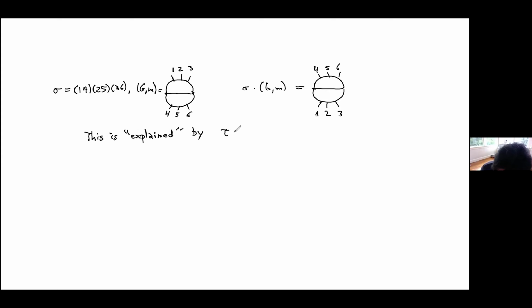By the automorphism tau on the unmarked theta graph, here, let me just draw a picture of tau. Here it exchanges these two edges. Do you know what I mean by explain? There's an automorphism of the underlying unmarked graph that provides an explanation for why sigma acting on G_M is isomorphic to G_M.